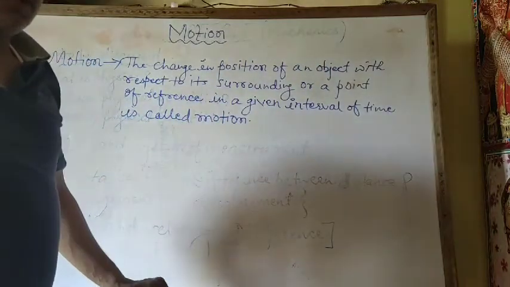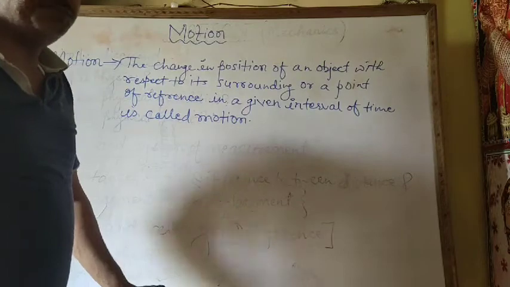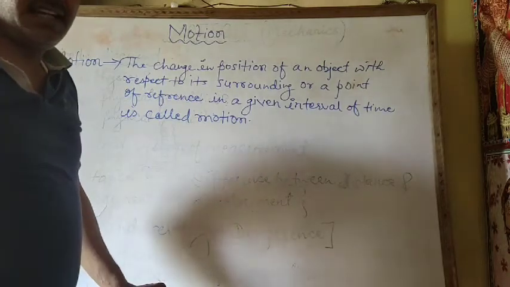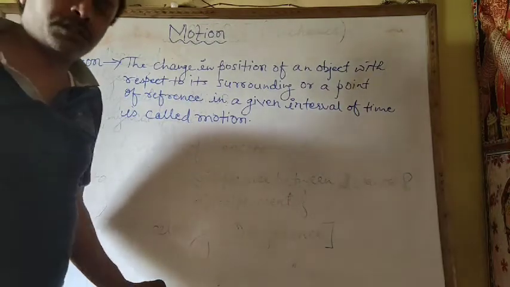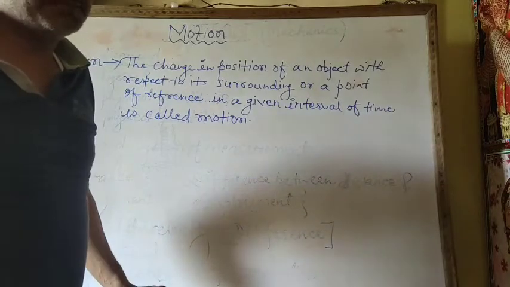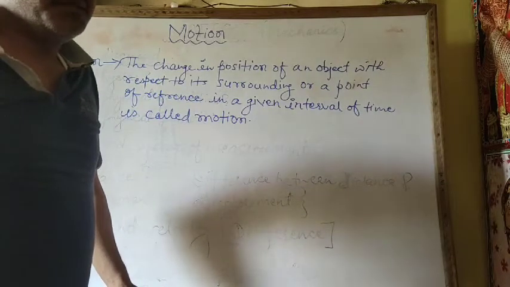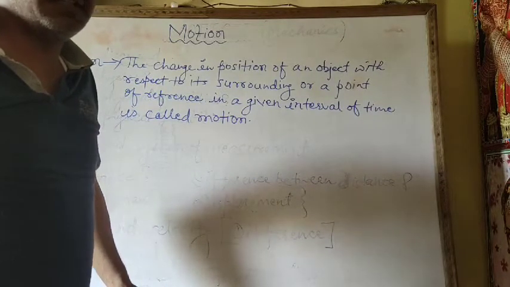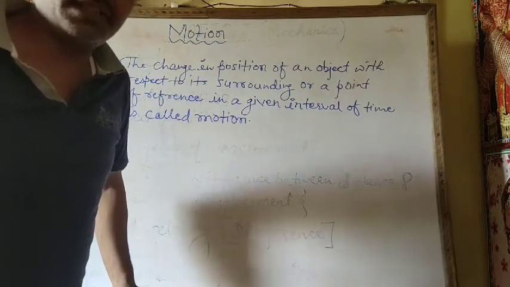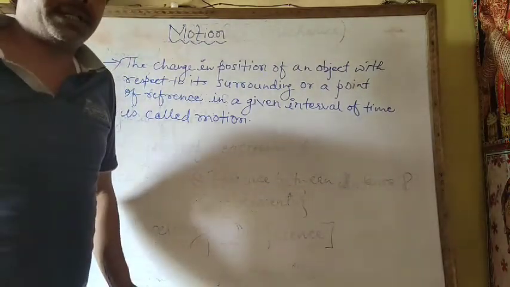So this term motion is studied in the branch of physics which is called mechanics. Actually, mechanics is the branch of physics which deals with the study of motion of objects.